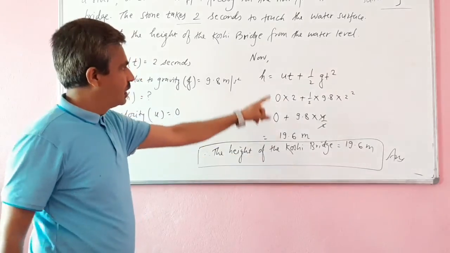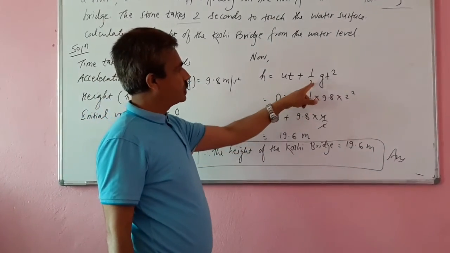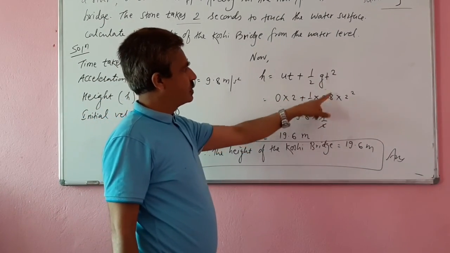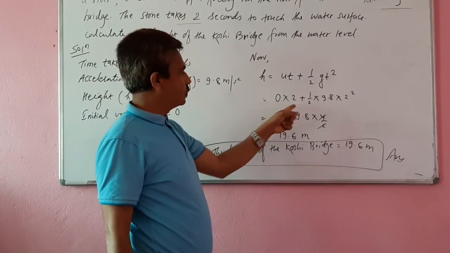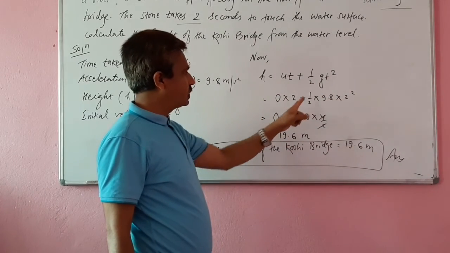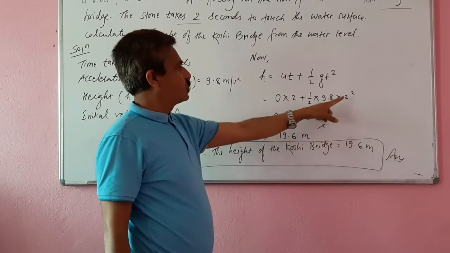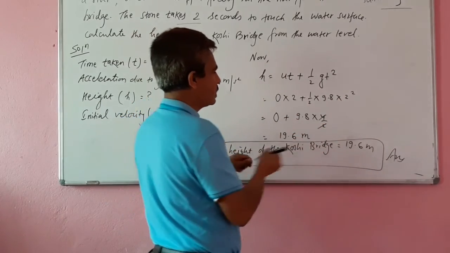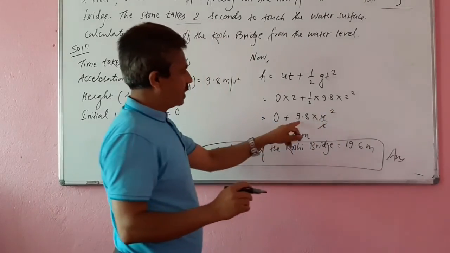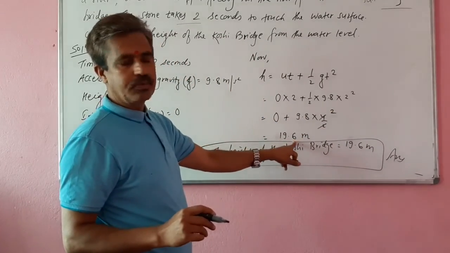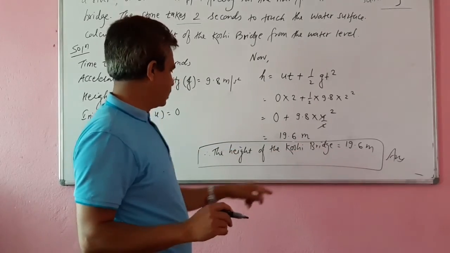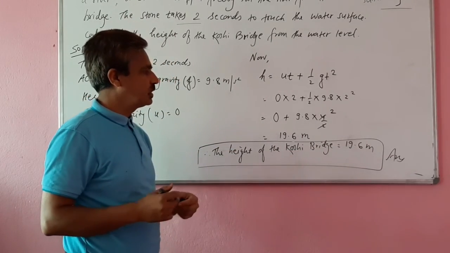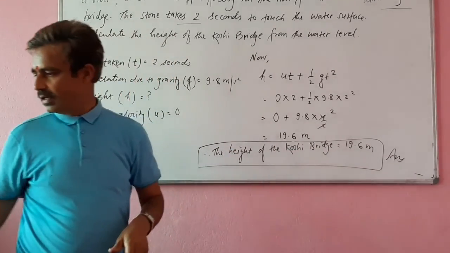For falling bodies. U is 0 multiplied by 2 plus 1 by 2. G is 9.8. T is 2 square. 0 into 2 is 0 plus 9.8. 2 square is 4 by 2. And we can cancel here 2. 9.8 into 2 is how much? 19.6 meter. So the height of the Kosi Bridge is 19.6 meter.